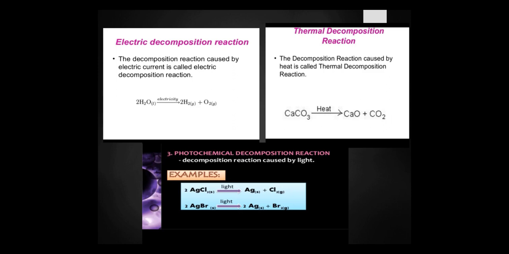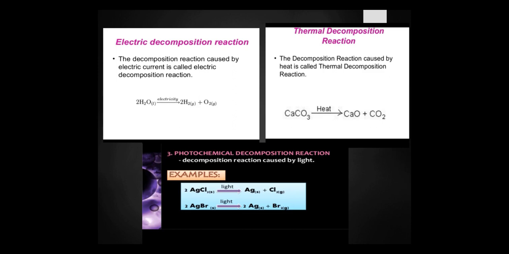Now the third and last type is photochemical decomposition reaction. The reaction in which a compound is decomposed by light is called a photochemical decomposition reaction.